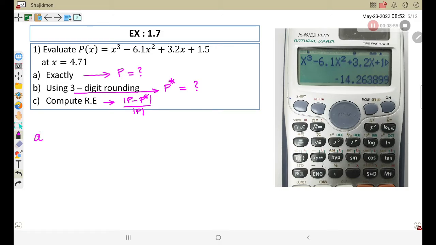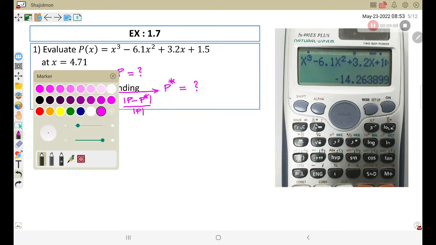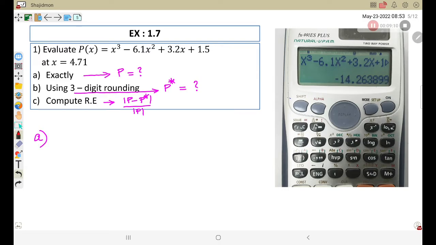So we will do it one by one. First we are going to do the A part of the question. The polynomial P of x equal to x power 3 minus 6.1 x power 2 plus 3.2 x plus 1.5. Now, directly from the calculator means just enter that polynomial in your calculator. You can see on the side I already entered that polynomial in our calculator.